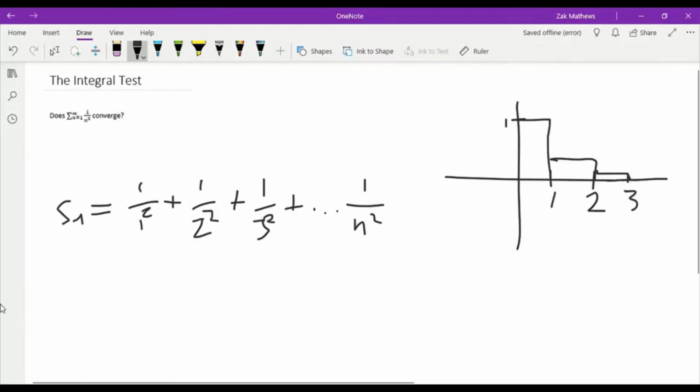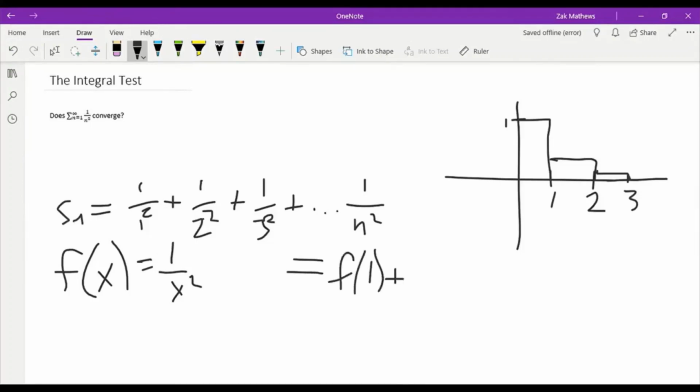So what I want to do for a second, let me define a function. Let's define this function f of x as 1 over x squared. If I compare that to my s of n, I could take this series right here and write it as f of 1 plus f of 2 plus f of 3, all the way down till we got to f of n.